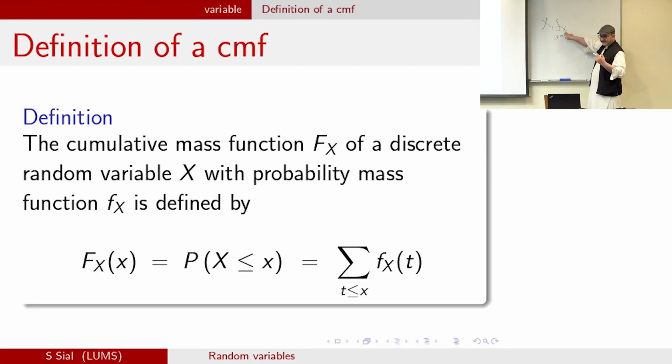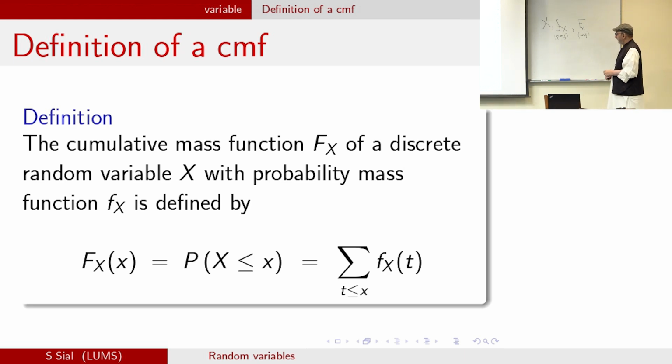I will try and consistently use capital Latin letters for random variables. And then there's also an associated CMF, for which we will use capital F sub the name of the random variable.